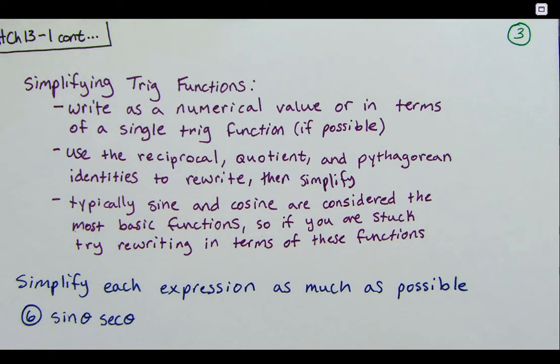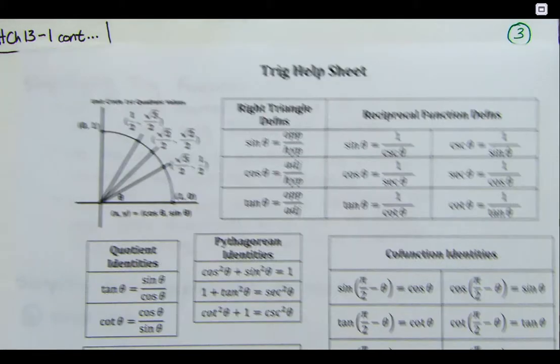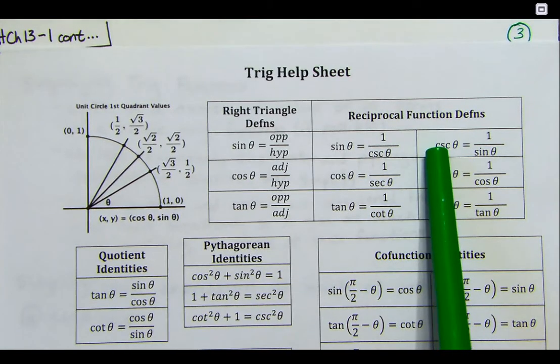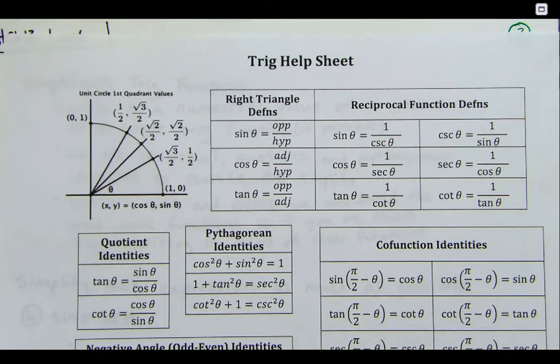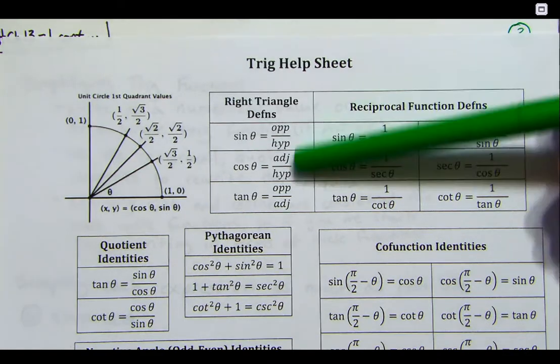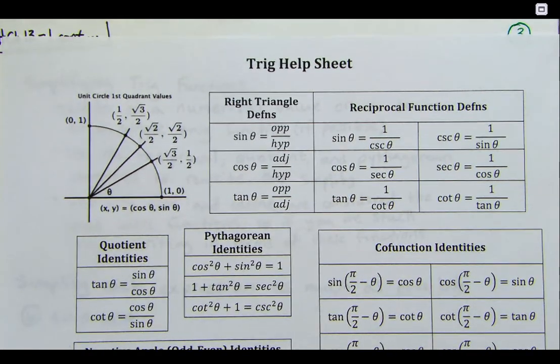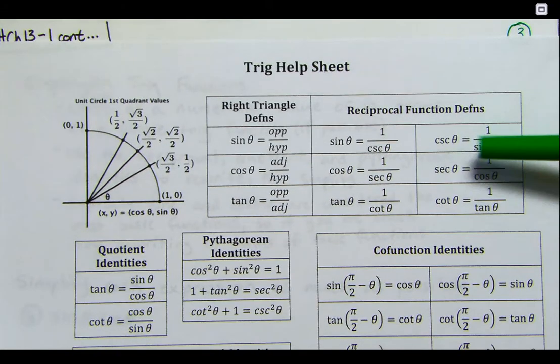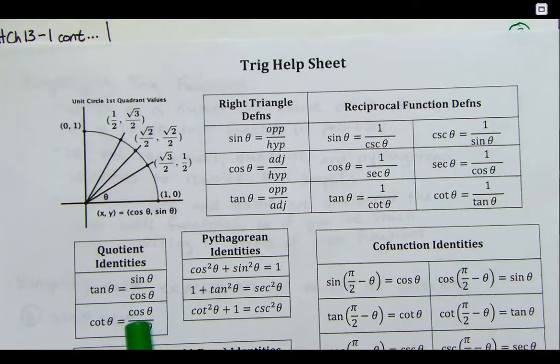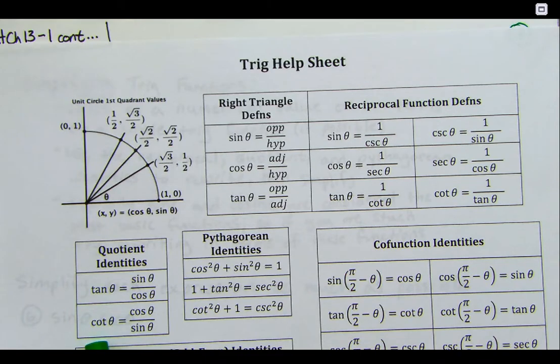Okay. All right, so again, we are going to be focusing on our reciprocal, the quotient, and the Pythagorean identities. Most of the time we're going to be up here doing this. So when you are looking at things, we are probably looking to replace things with their reciprocal, or if we're seeing tangent or cotangent, we're going to want to be replacing them with the quotient identities.